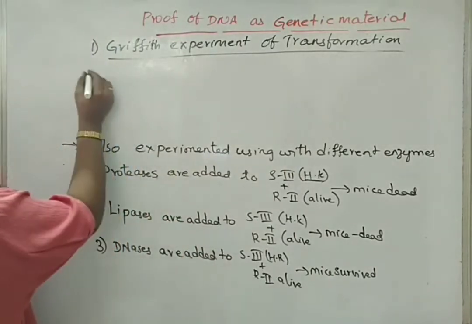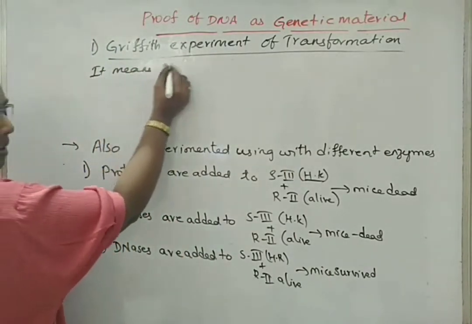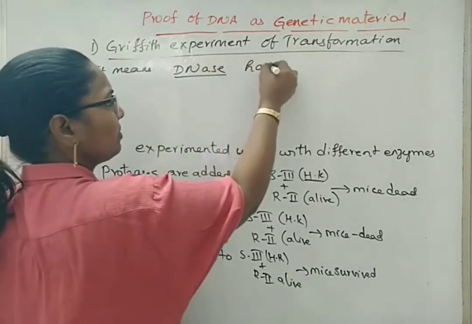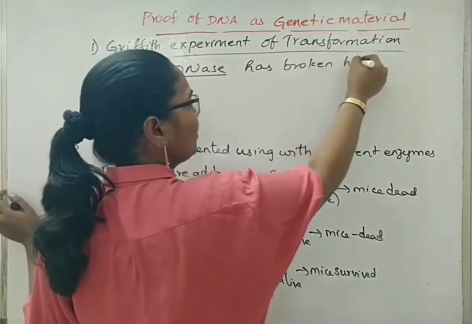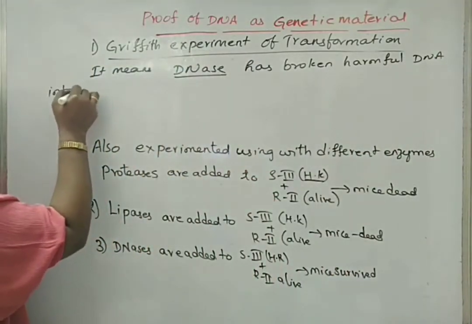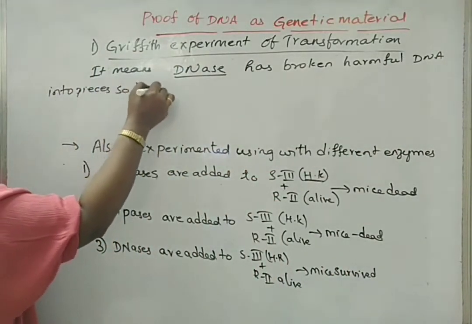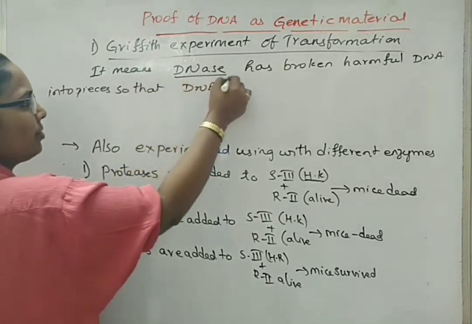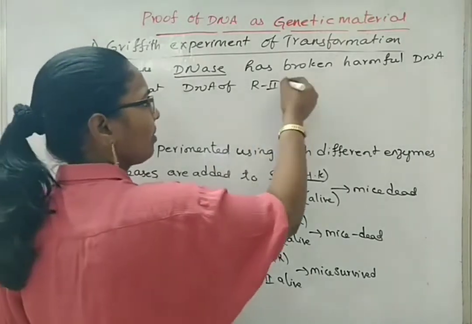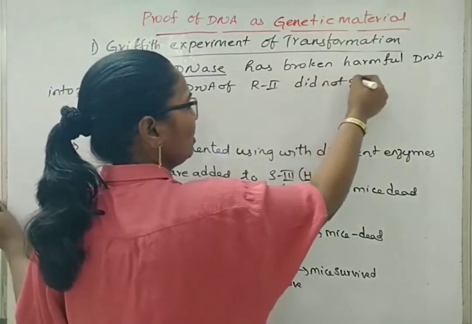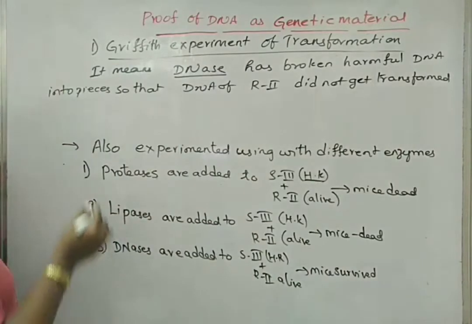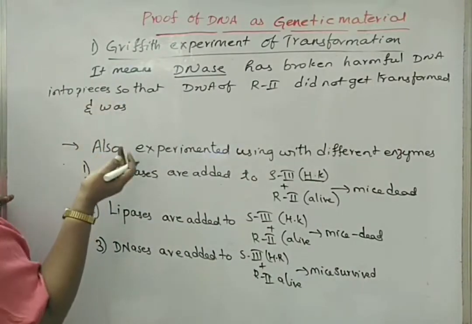It means that DNase, which breaks down DNA, broke the harmful DNA into pieces, so that the DNA of rough strain 2 did not get transformed into a pathogen, and was destroyed because the mice survived.